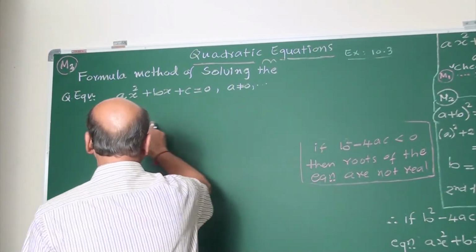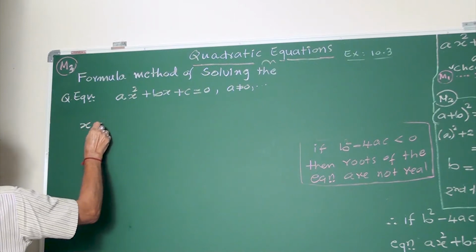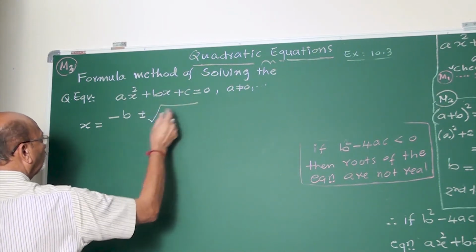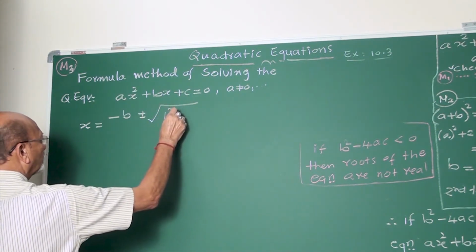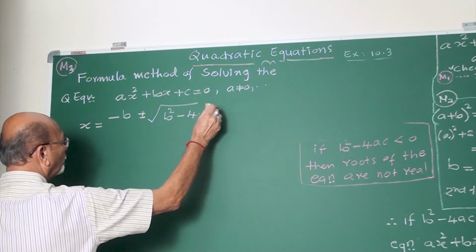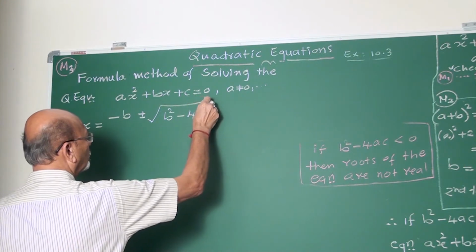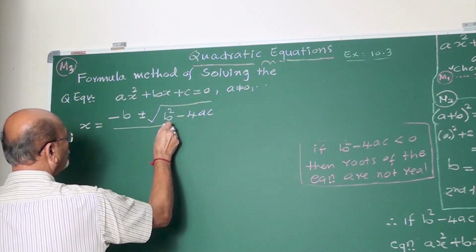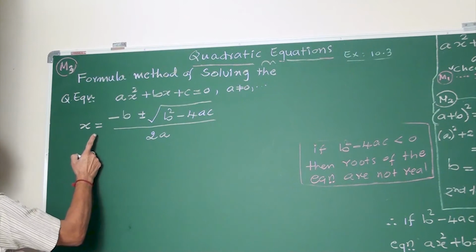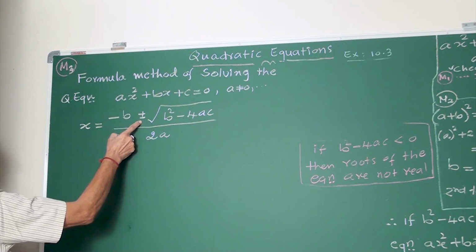This is a quadratic equation, then the solution is what? x equal to minus b, the middle term, plus minus square root of b square minus 4 times the first term into last term, 4ac, upon 2a, 2 times the first. This is x, solving for x, with plus one root, with minus another root.